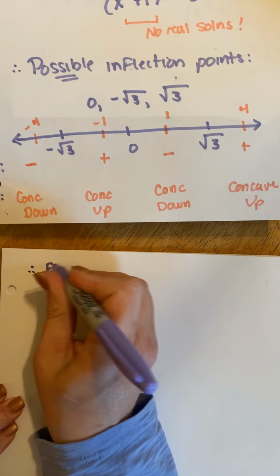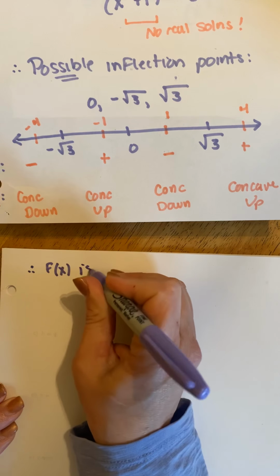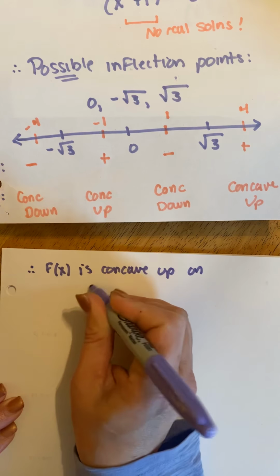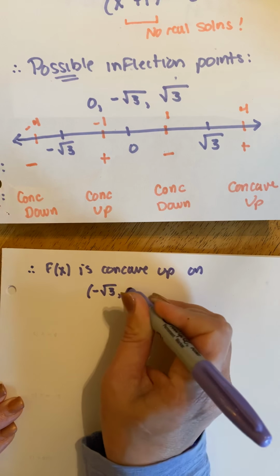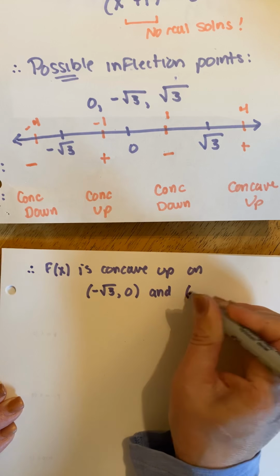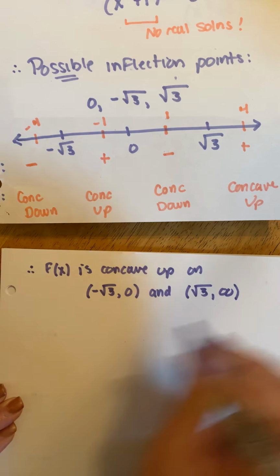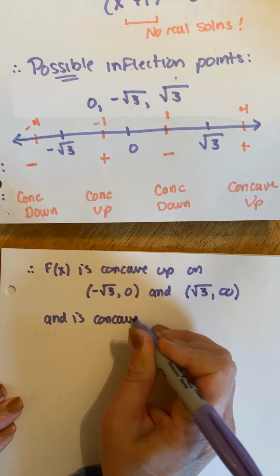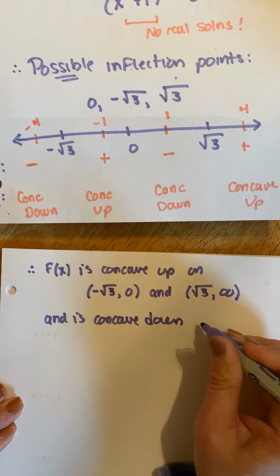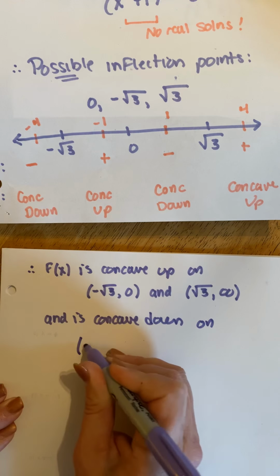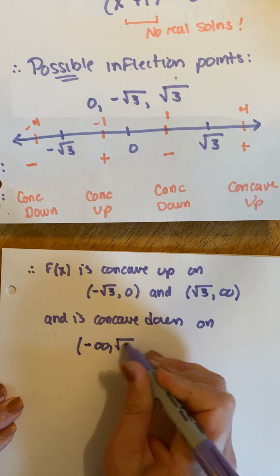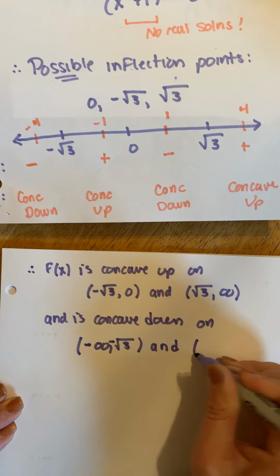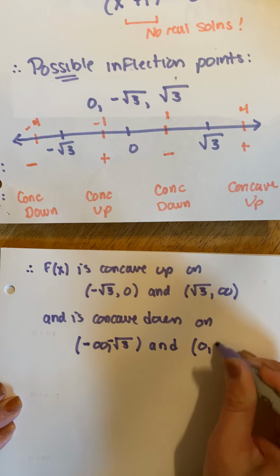Therefore, f of x is concave up on negative square root of 3 to 0 and to the right of square root of 3, and is concave down to the left of negative square root of 3 and between 0 and the square root of 3.